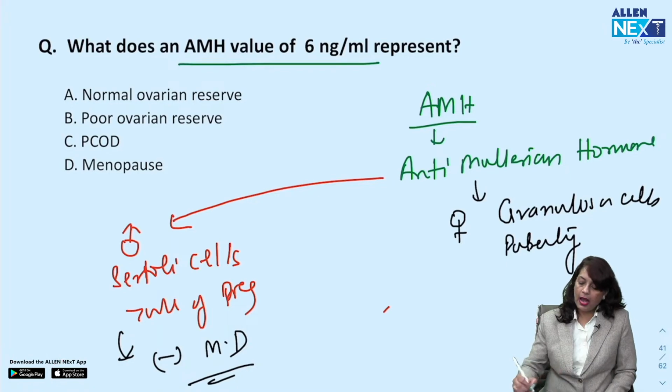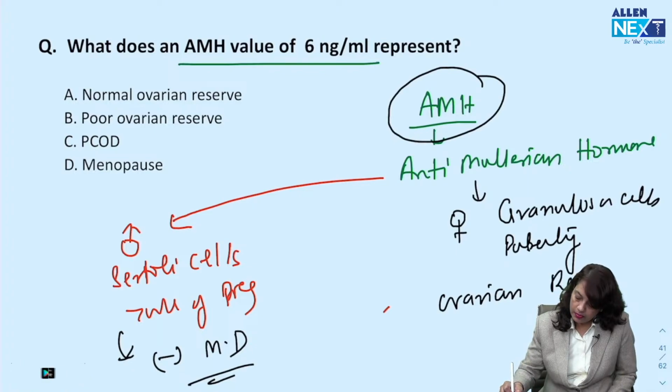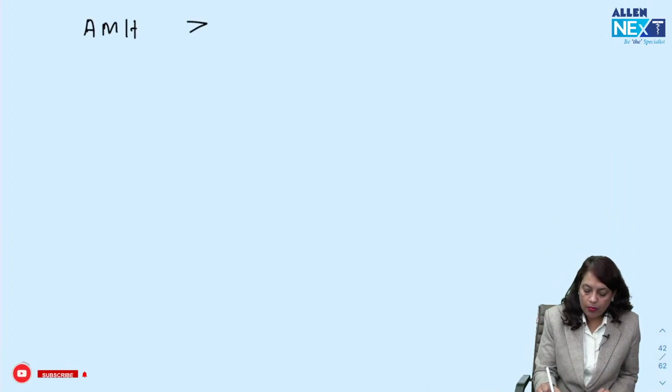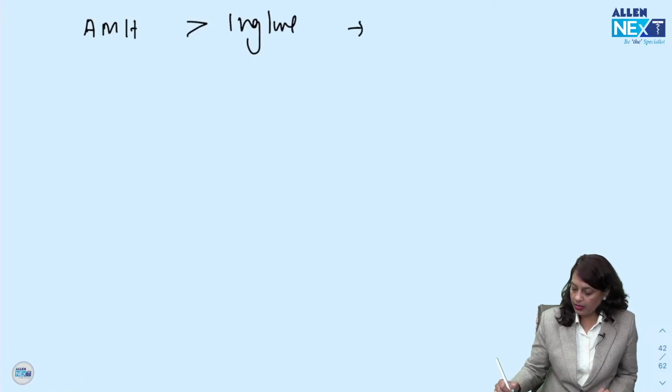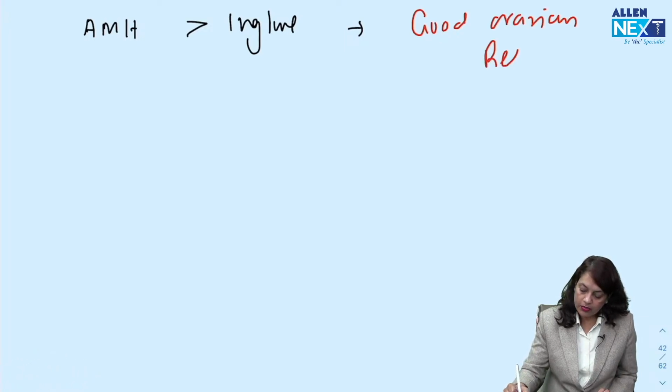Okay, and AMH will tell you the ovarian reserve. AMH more than 1 nanogram per ml is good ovarian reserve.